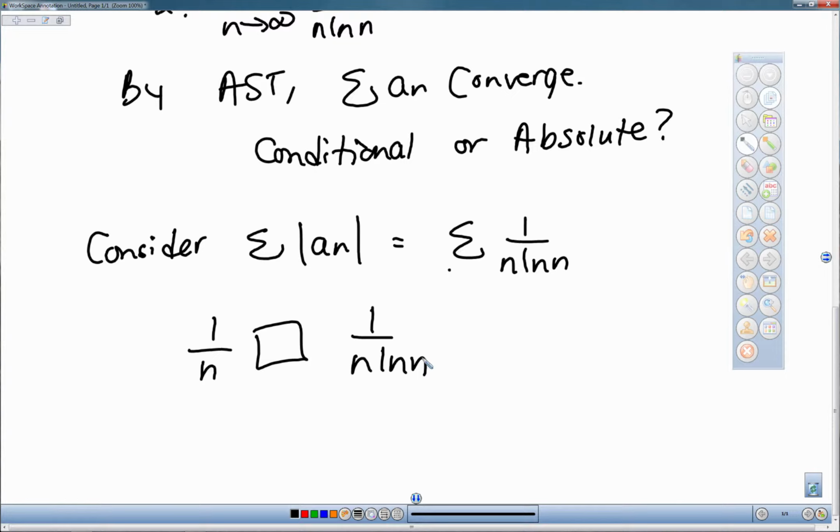If you thought that, awesome, well done. The only problem is if you try plugging in numbers, what we end up finding out is that 1 over n is greater than 1 over n times natural log of n. And so unfortunately, this comparison says nothing.